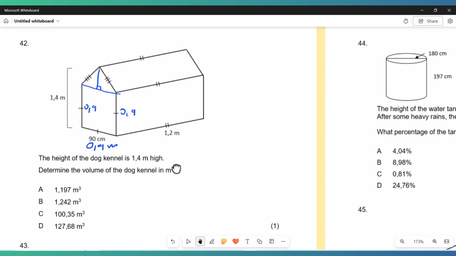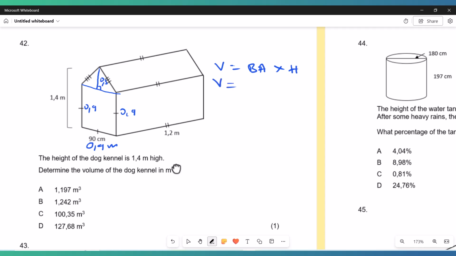So here it is 0.5 as perpendicular height. Because I'm looking for the volume, note that the volume equals base area times height. I repeat, volume equals what?